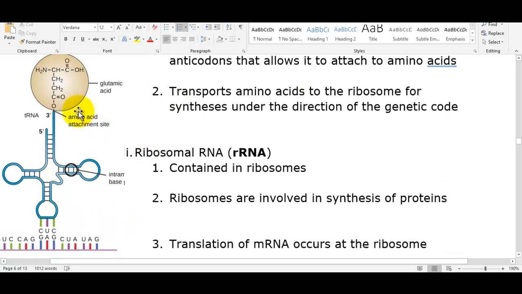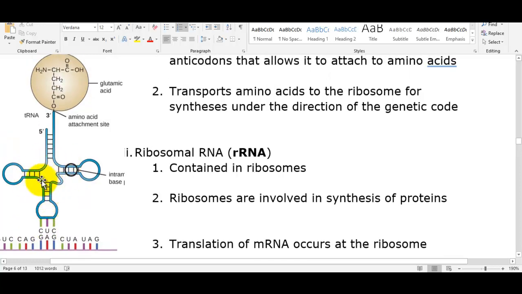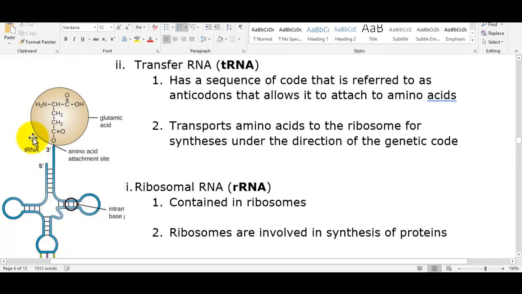Transfer RNA looks like this. Here is the section of messenger RNA. This part right here is called the anticodon. The GAG is the codon. This transfer RNA molecule reads that section along the messenger RNA strand, and then moves out into the cell cytoplasm and attaches to the corresponding amino acid.